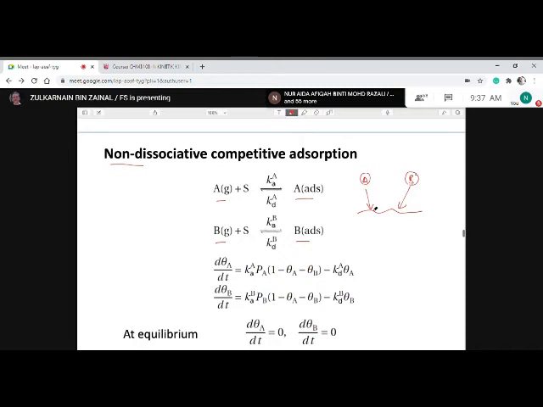But at the same time, they are competing for the space to be adsorbed. So A and B are competing for the site on the surface, and which one will win depends on the affinity of each molecule to the surface.